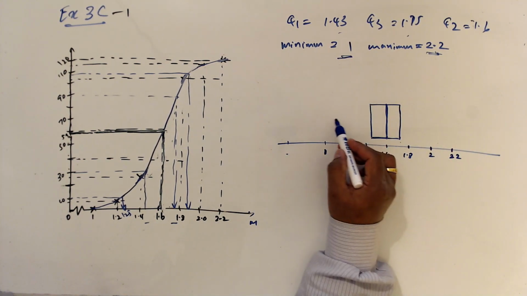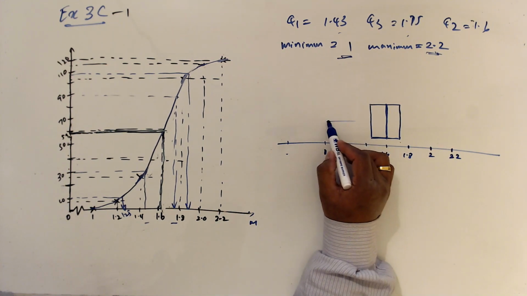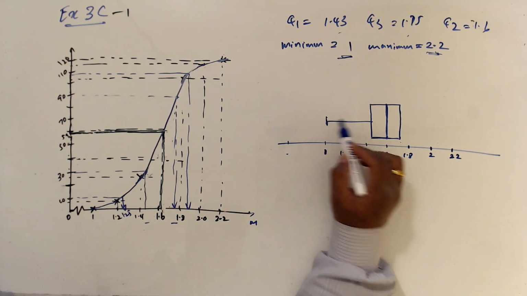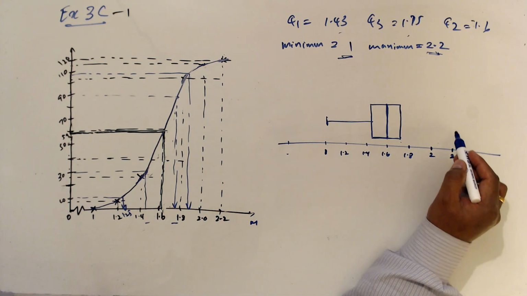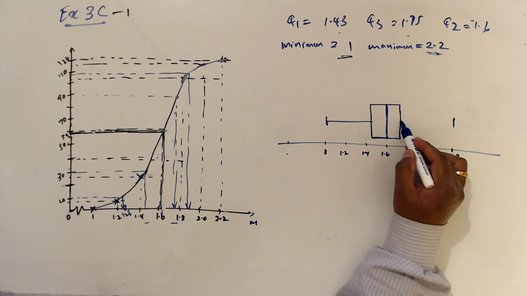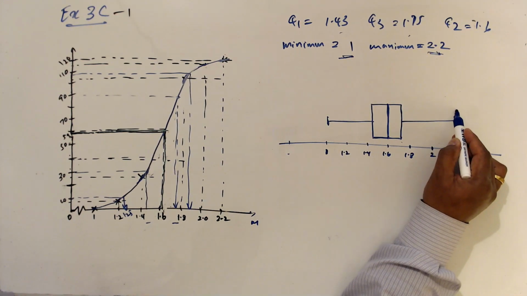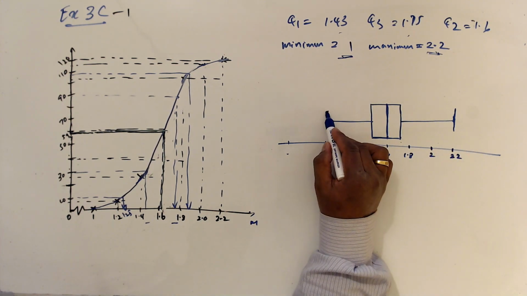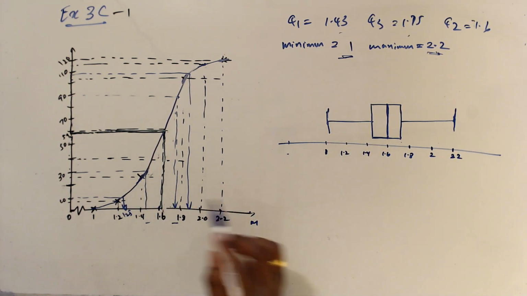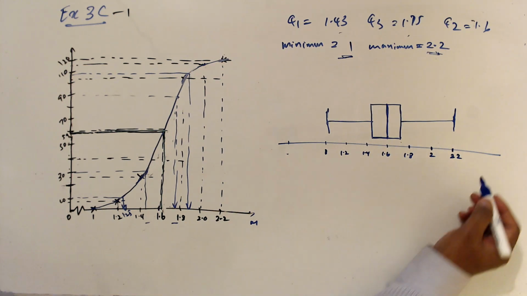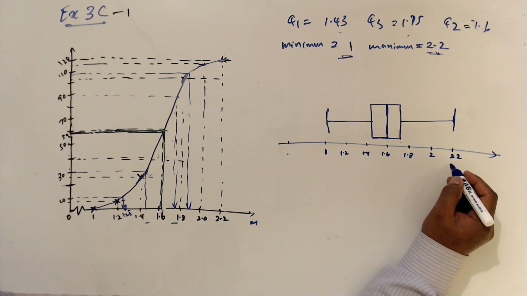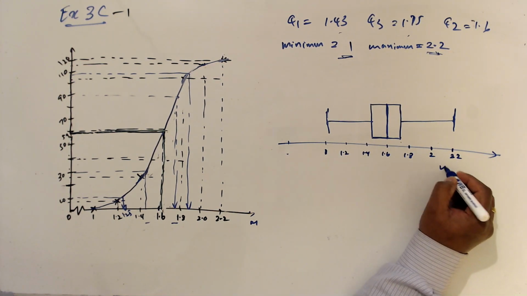The minimum is 1, so the whiskers go up to 1, and this is going to be 2.2, up to here the whiskers. So this is going to be the mass.